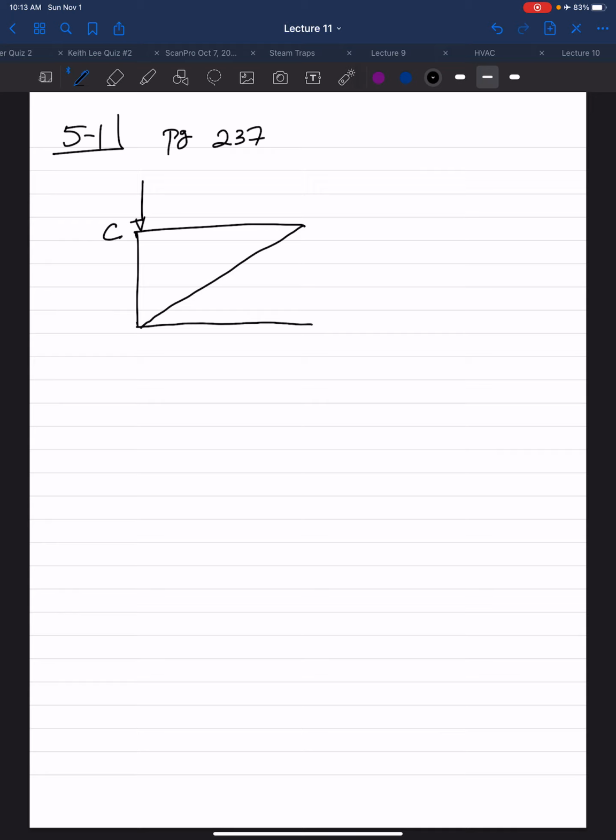P1 is given as 20 kilonewtons. We have P2 given as 10 kilonewtons, which is at joint D. A is a pin. B is a pin as well.